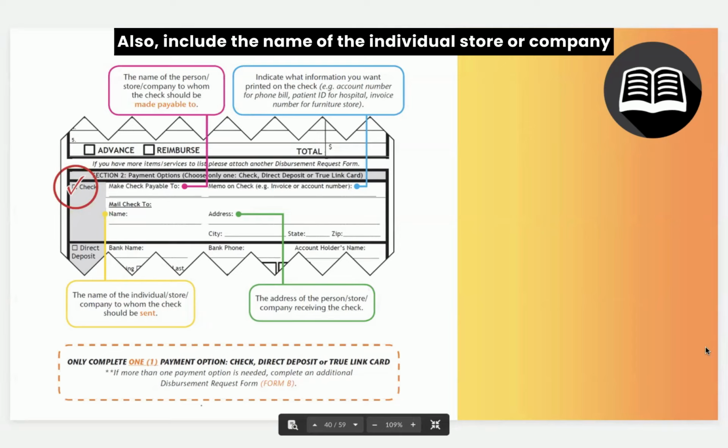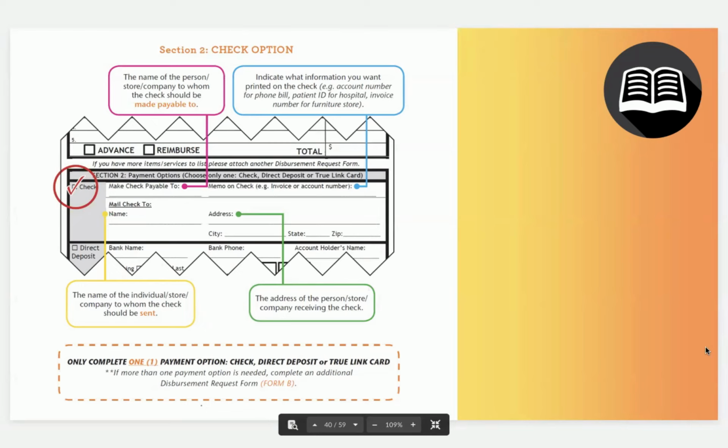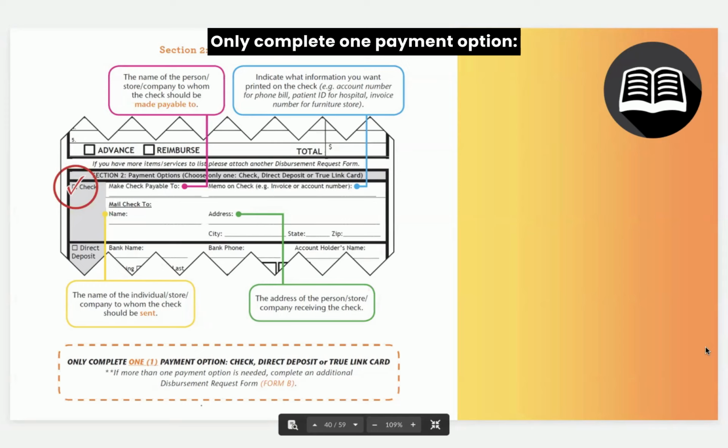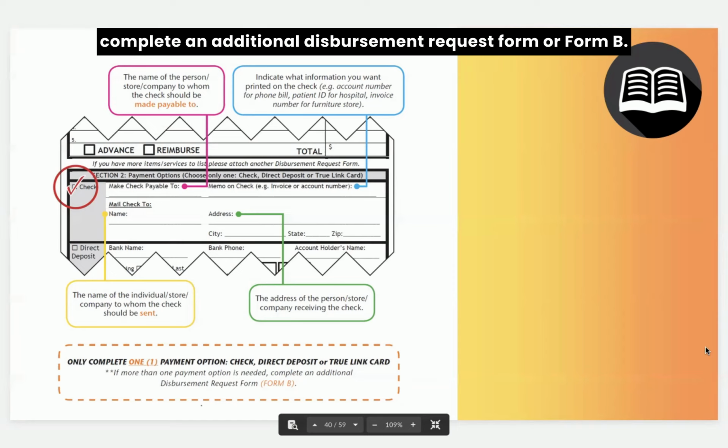Also include the name of the individual, store, or company to whom the check should be sent, and the address of the person, store, company receiving the check. Only complete one payment option, check, direct deposit, or TrueLink card. If more than one payment option is needed, please complete an additional disbursement request form, or Form B.